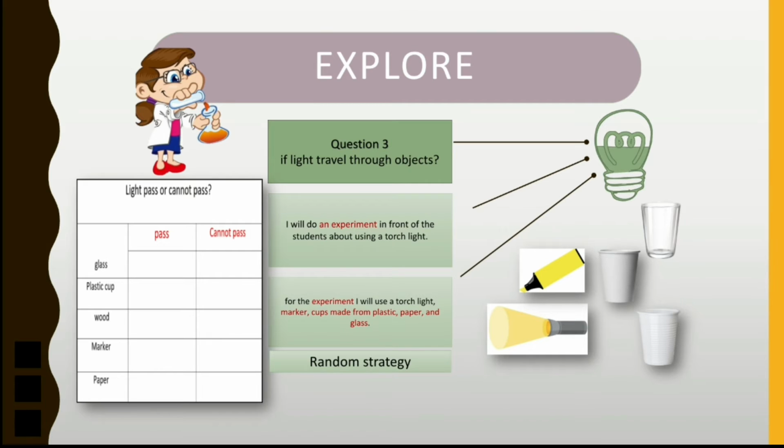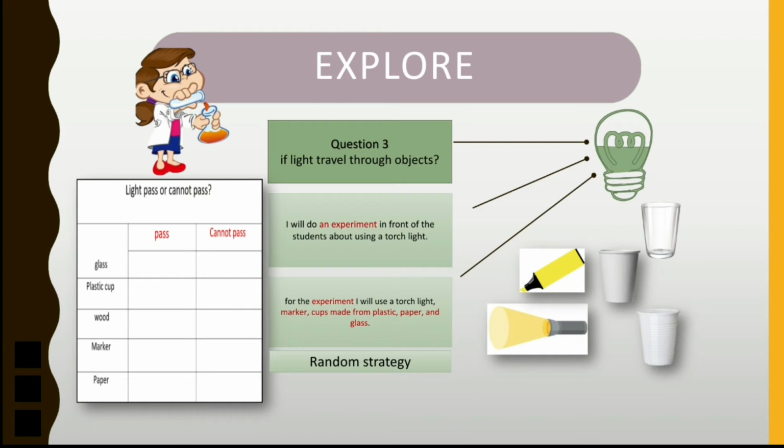This activity is about whether light can pass or cannot pass through objects. In this activity, also, there are two columns. The first column is pass, and the second column is cannot pass. And on the left column, I put 5 objects.